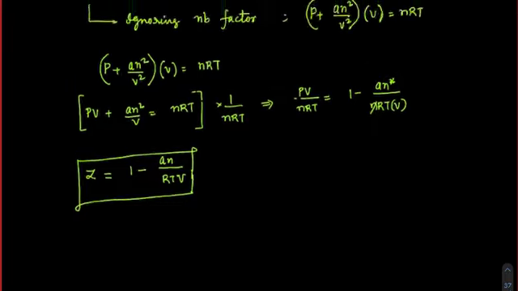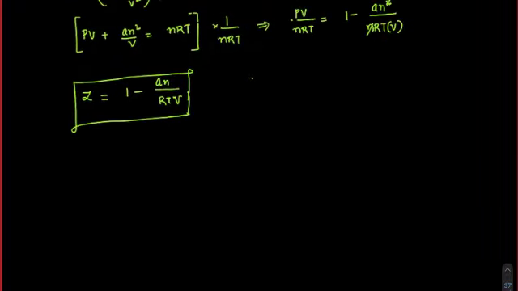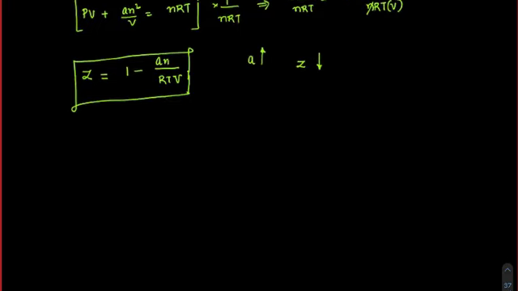So what does this tell us? This gives us two important terms here. One, if the a value increases, you can see the Z value is decreasing. If a value increases, Z value will decrease, right? Earlier, when we were discussing Boyle's temperature, we got the Z equal to 1 graph, and we got two other graphs like this.